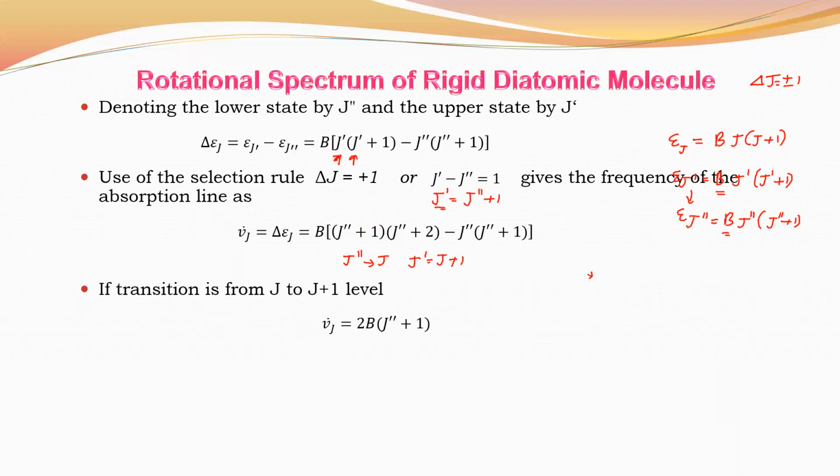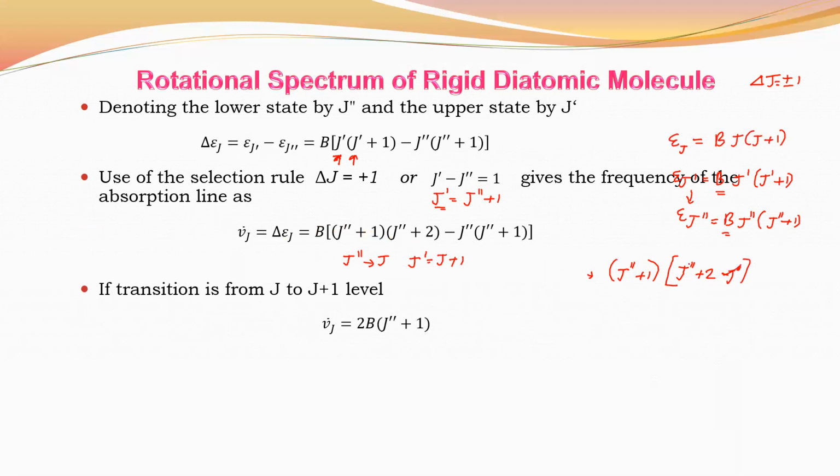We simplify it by taking J double dash plus 1 outside as common, then J double dash plus 2 minus J double dash.